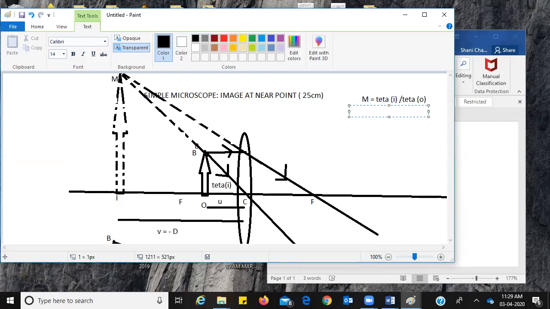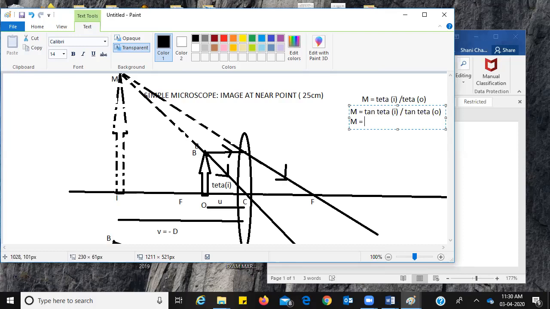So M equal to tan theta I divided by tan theta O. Then you go to the triangle and find out what is tan theta. Tan theta is better to find from the small triangle.